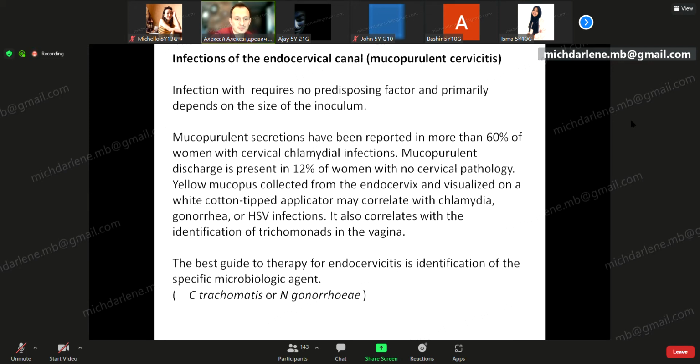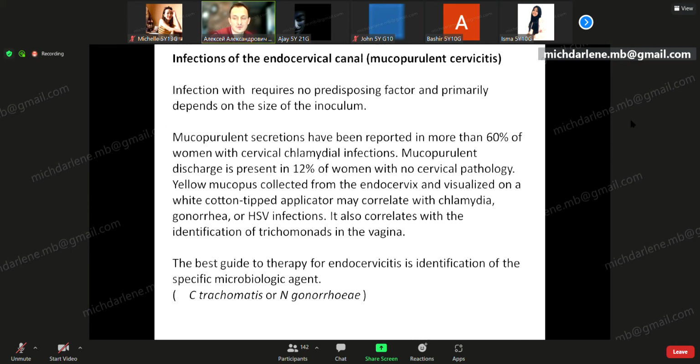Could be gonorrhea, could be trichomoniasis, and other disorders. Three main signs: color, inflammatory edema of the cervix, and discharge outside. It will not be blood, it will not be pus, it could be just serous or pleural discharge outside.